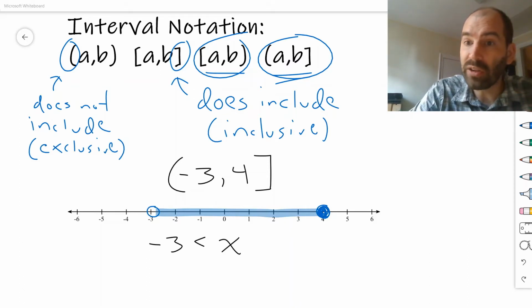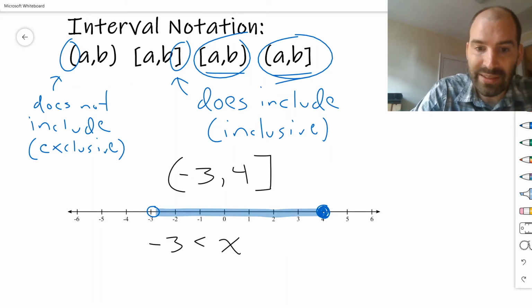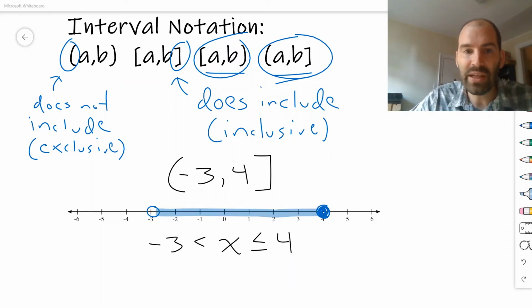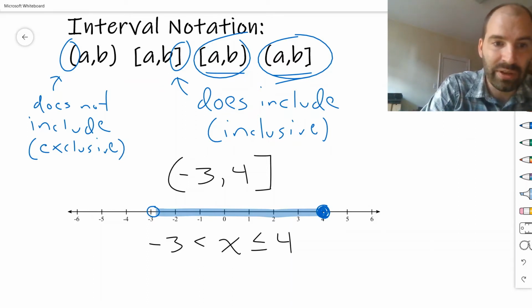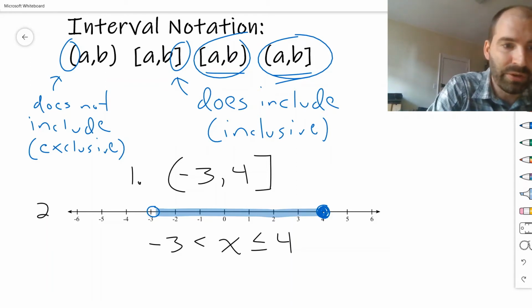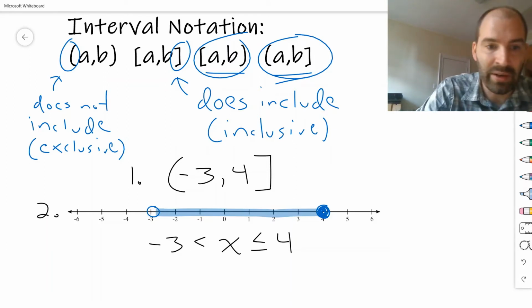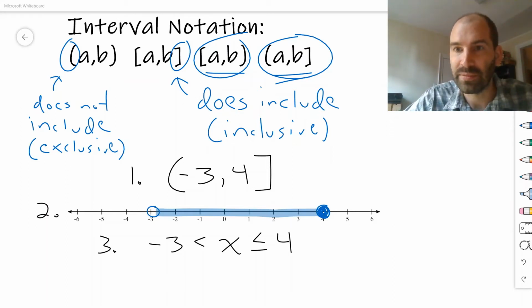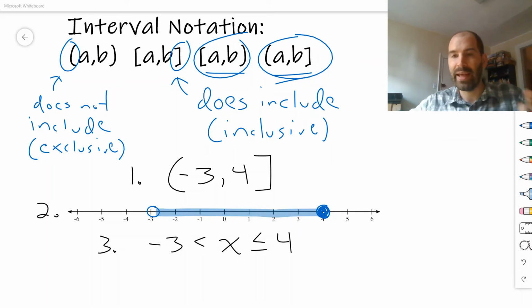But they are also less than or equal to 4. So here we see 3 different ways of writing down the same inequality, right? Number 1 is the interval notation. Number 2 is a graph, and number 3 is inequality symbols. 3 different ways of conveying exactly the same thing.